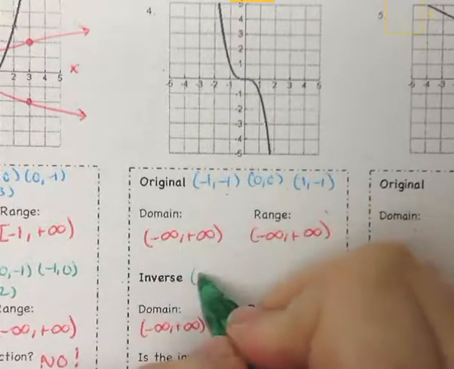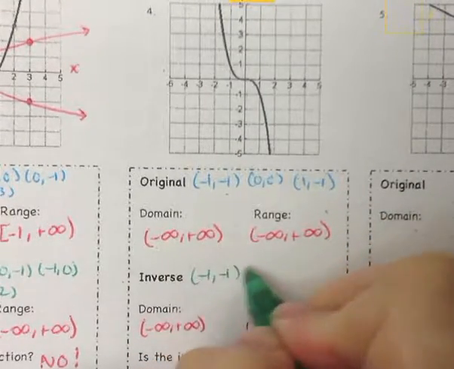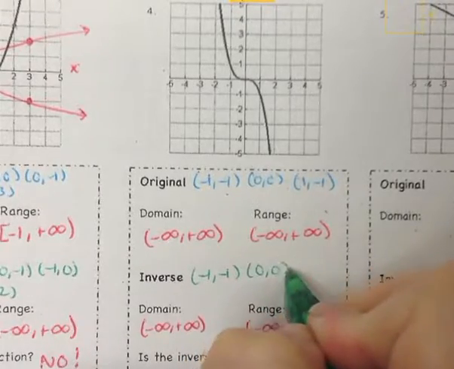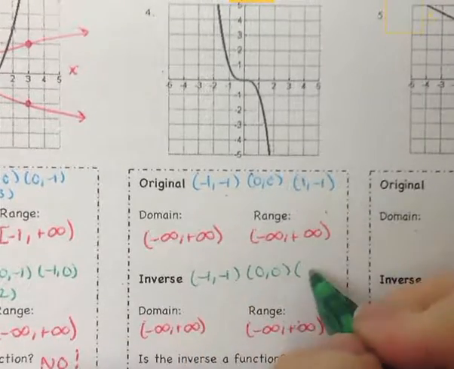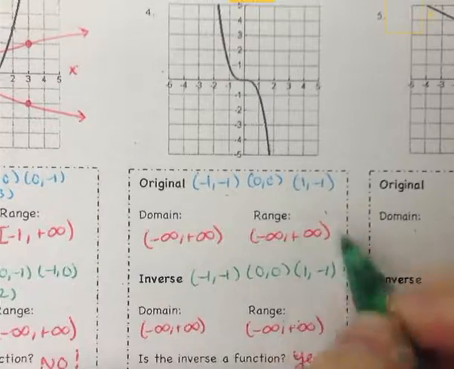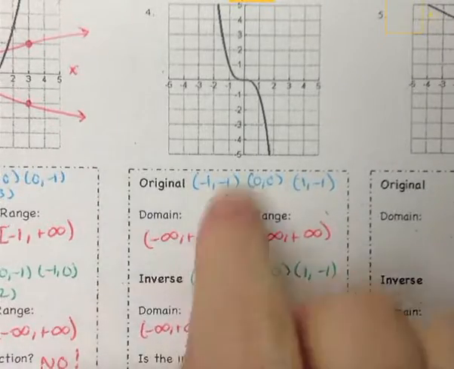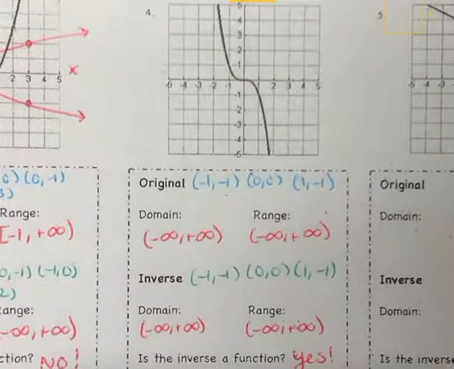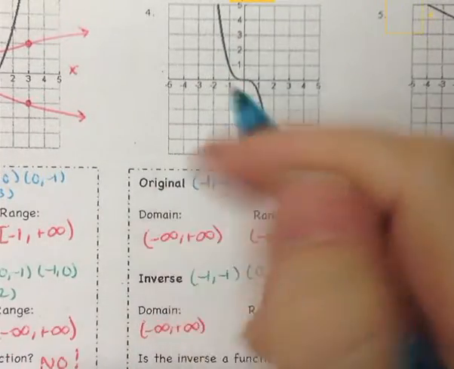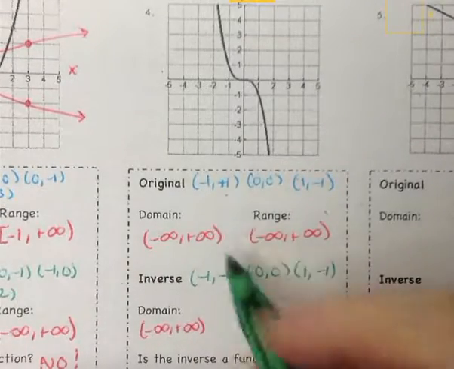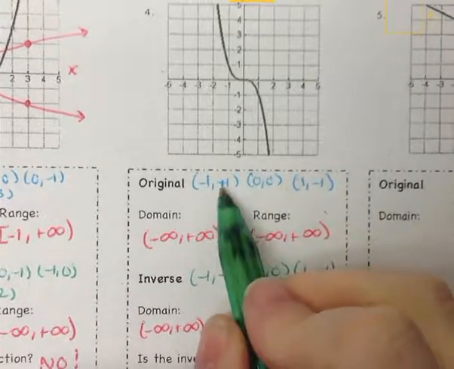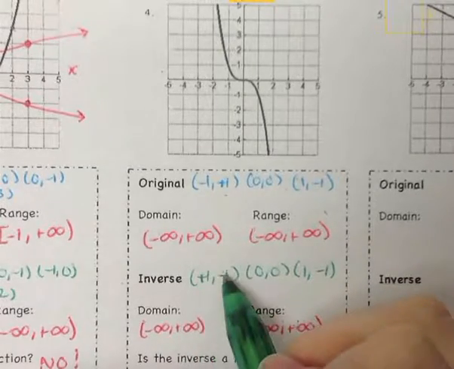So we're going to have -1, -1. Then we're going to have 0, 0. Then we're going to have positive 1, negative 1. I'm sorry, this was negative 1, positive 1. Let me change that. This is negative 1, positive 1 in blue. Therefore, on this one should be positive 1, negative 1.